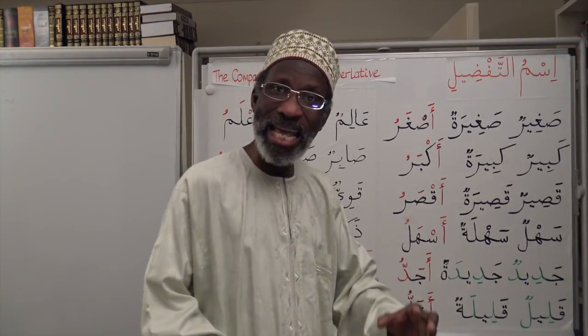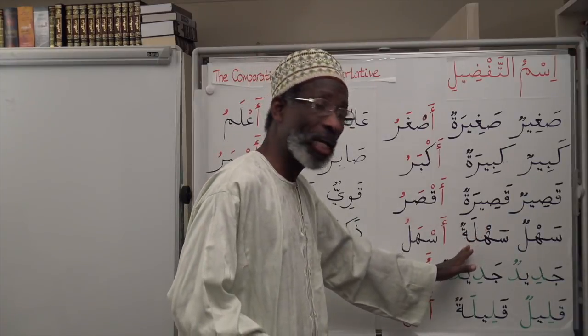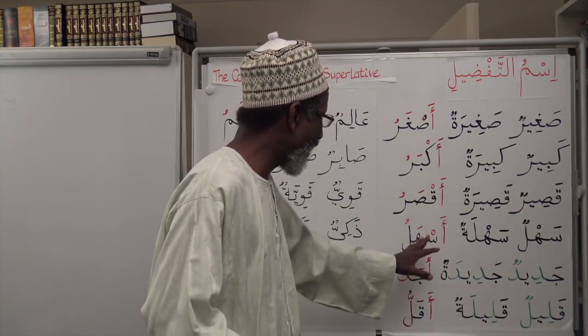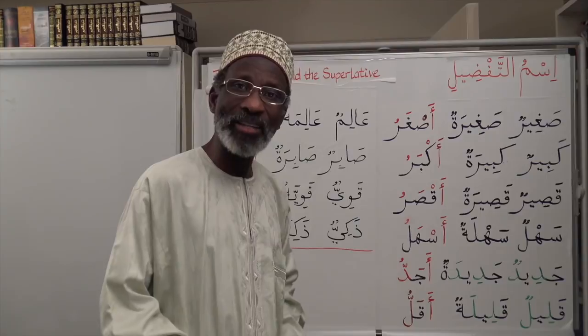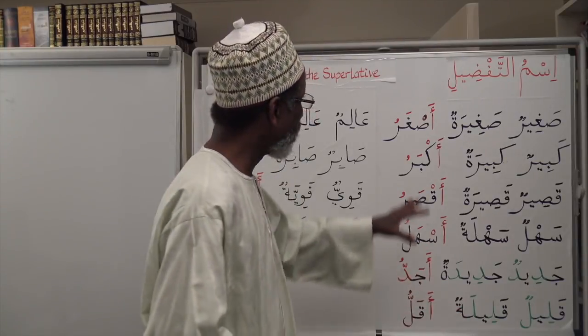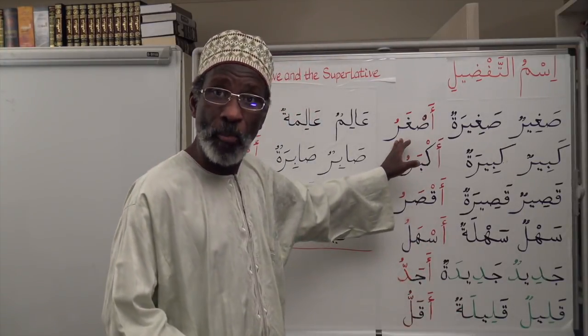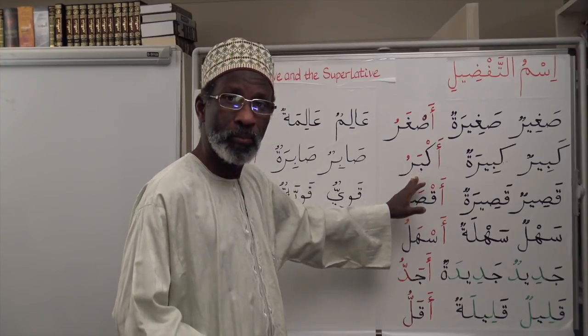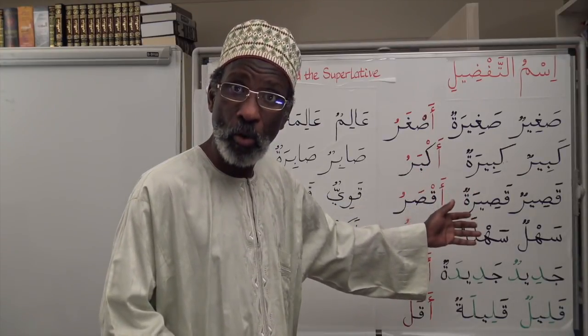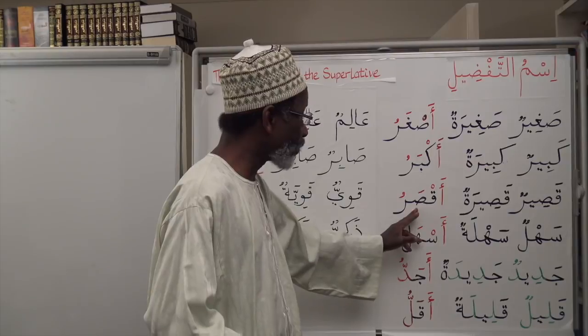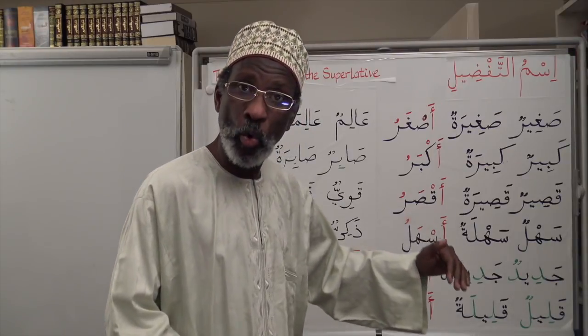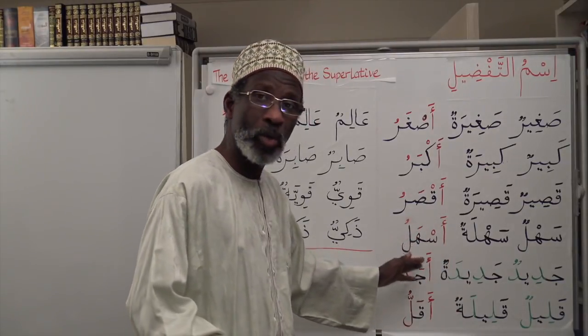Sahlun, that means easy. Sahlatun, that's the feminine form. Ashalu, the same pattern. Ashalu, easier. So asgharu, smaller. Akbaru, larger or bigger. And aqsaru, shorter. And ashalu, easier.